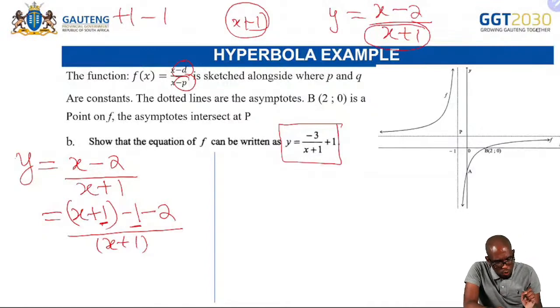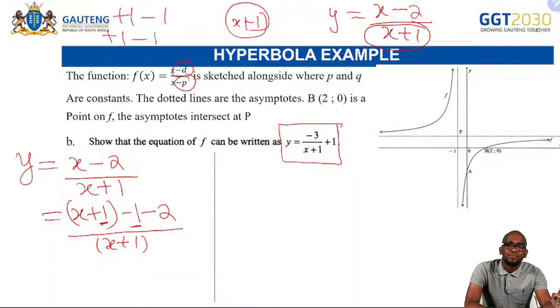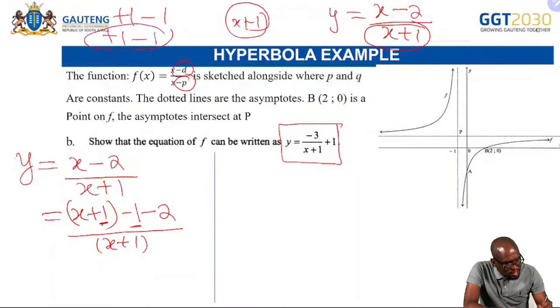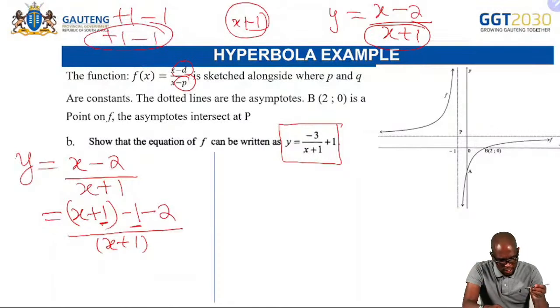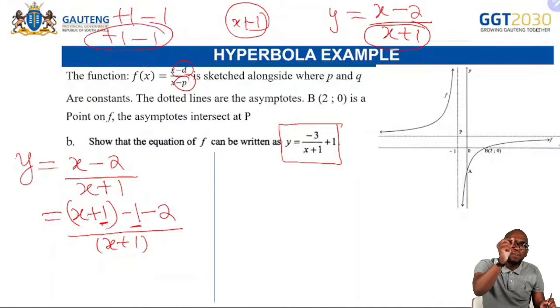Because I have a plus 1 in the denominator and in the numerator I don't have a plus 1, I will strategically add 1 and subtract 1. Adding 1 and subtracting 1 is the same as putting 0 there, but it assists me mathematically because the plus 1 is going to be grouped with the x so that it's the same as the denominator.